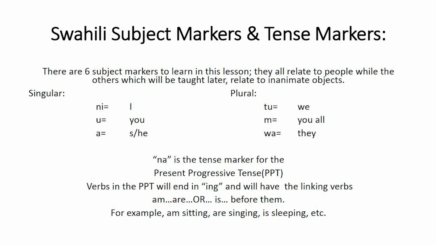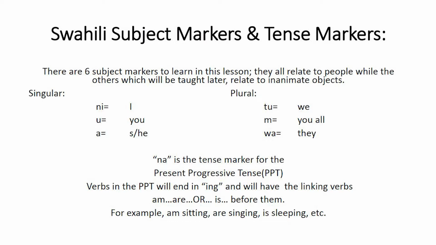This is how I always tell my students to say it so they can remember. You say the singular and plural in a little jingle. Ni, u, a, tu, m, wa. And that's how you can remember what your 6 subject markers are as they relate to people.